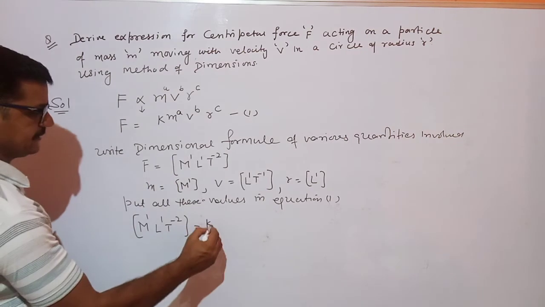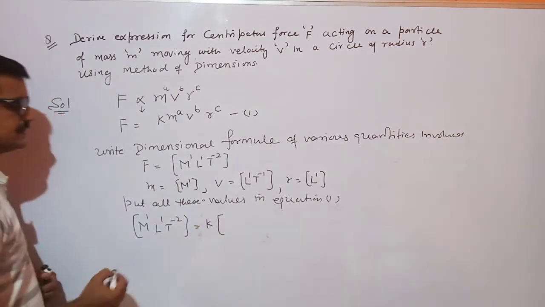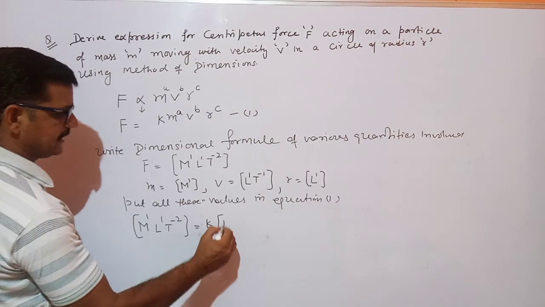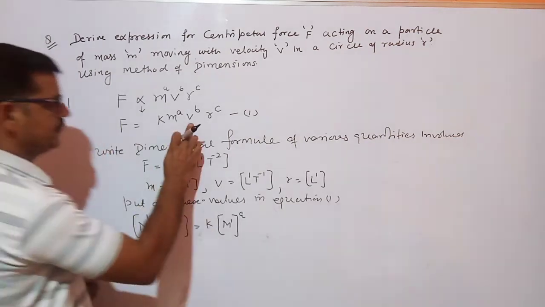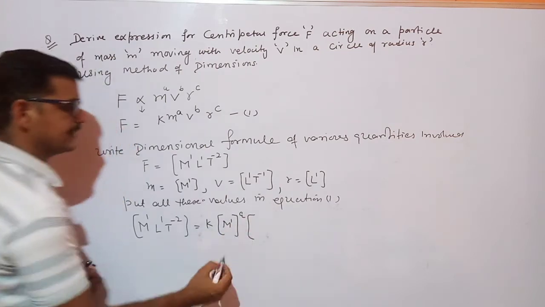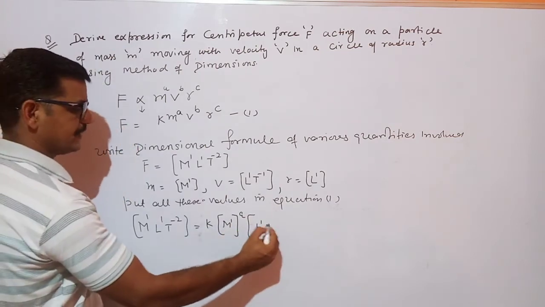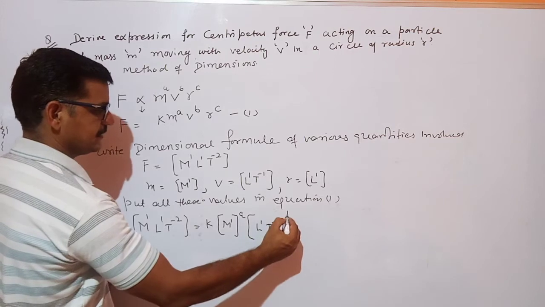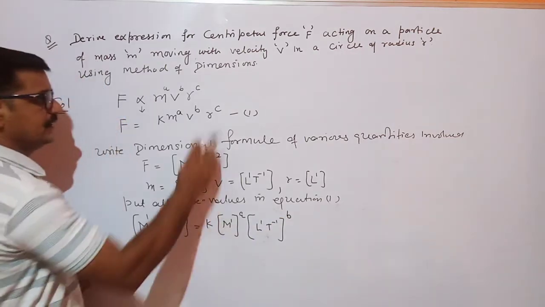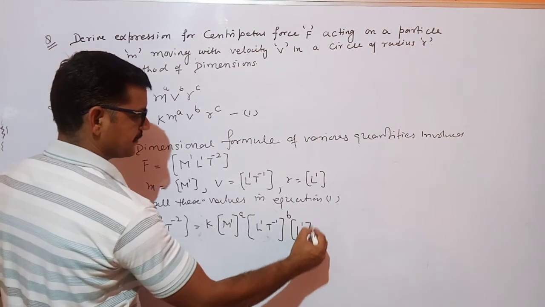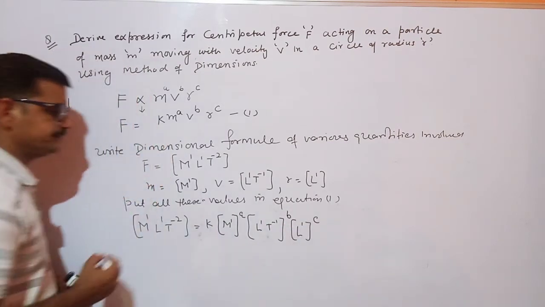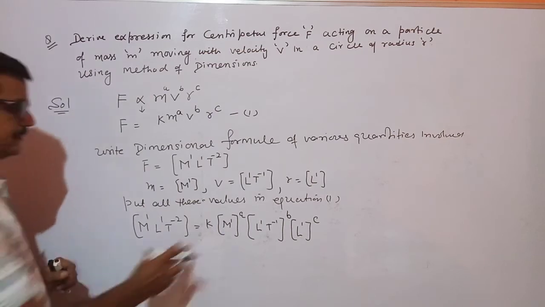K, we don't know its dimensions. M, that is m power 1 whole power a. Velocity has the dimensions l power 1, t power minus 1 whole power b, and radius that has the dimensions of l power 1 whole power c. Now solve it.